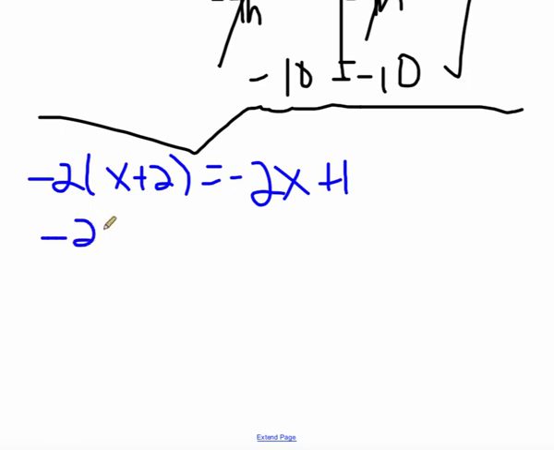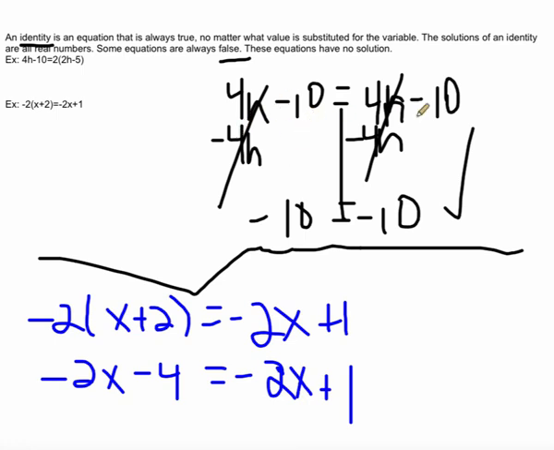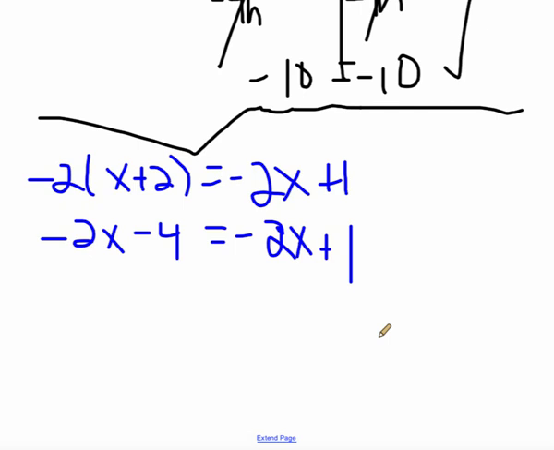So this becomes negative 2x minus 4 because negative 2 times 2 is negative 4 equals negative 2x plus 1. So again, you should notice something here. You've got negative 2x and negative 2x, but then you got minus 4 and plus 1. Whereas in the previous example, everything matched. Here, only part of it matches. So let's see what happens when we solve.